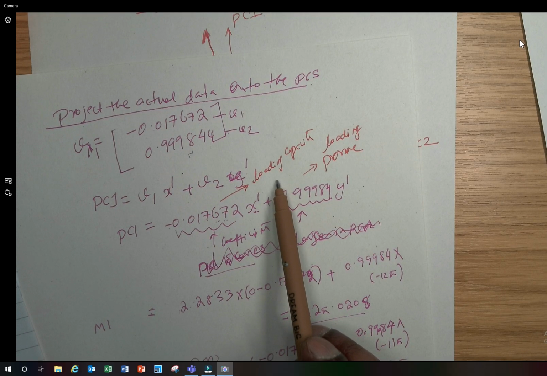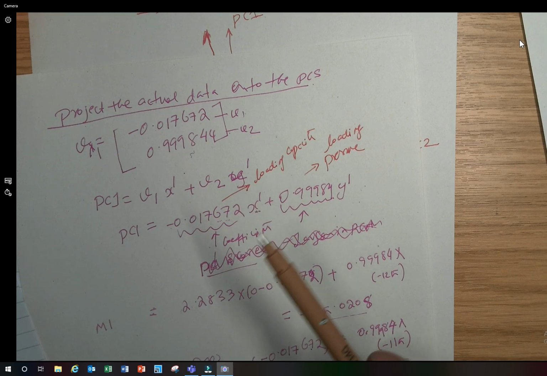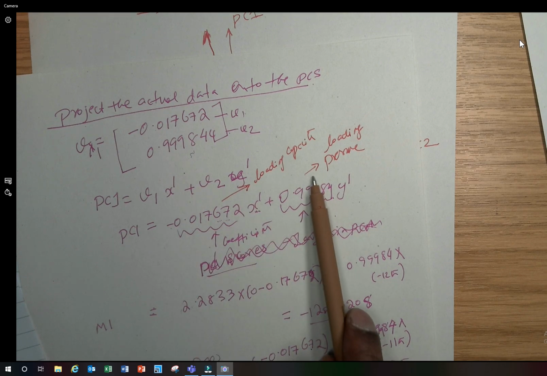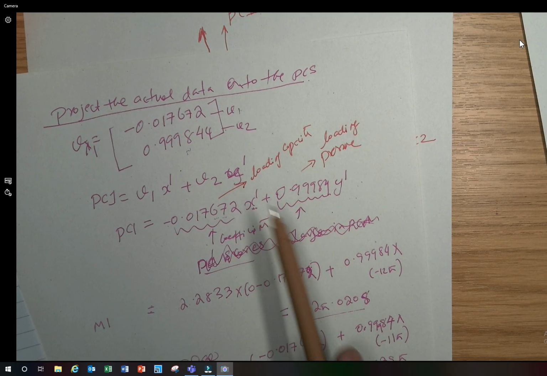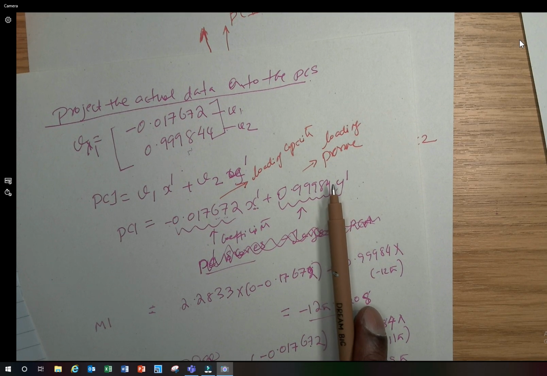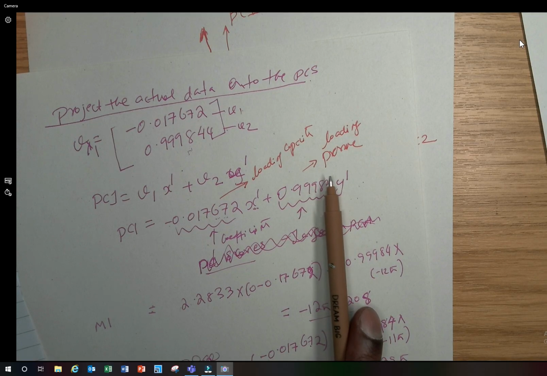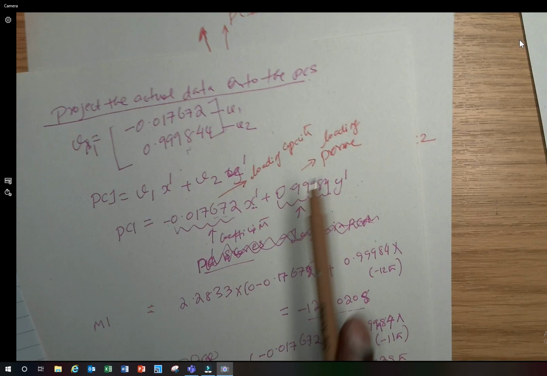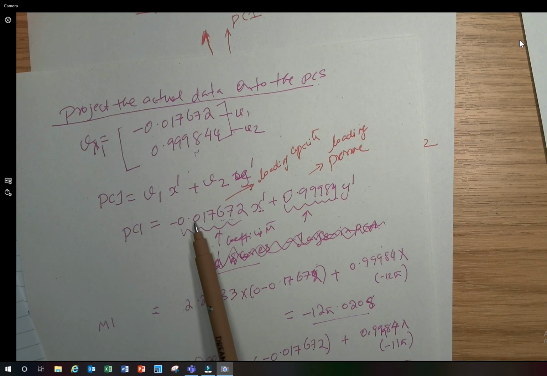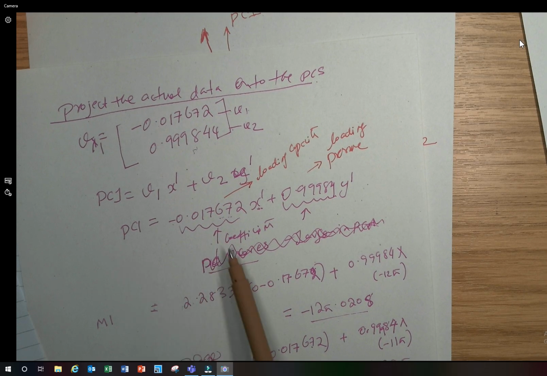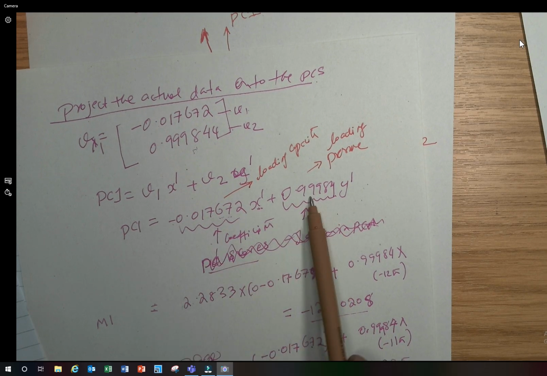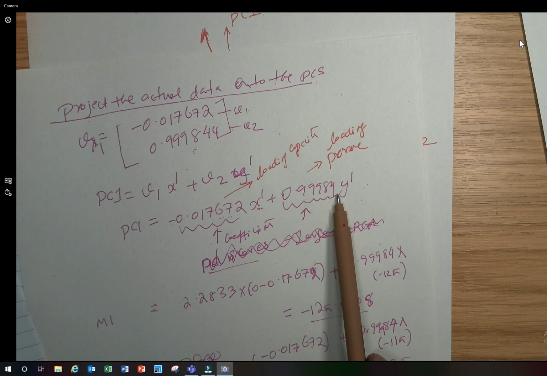So PC1 talks about the high pressure, and it has the opposite effect on the deliverable capacity. That's why it has a minus 1. If PC1 is more positive, that means it's operating at a higher pressure. That's the meaning of that.